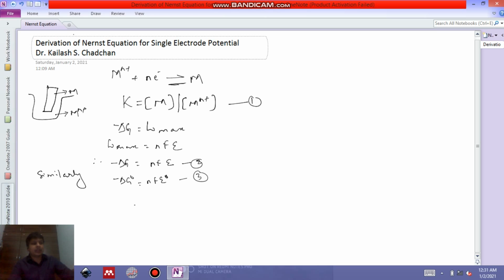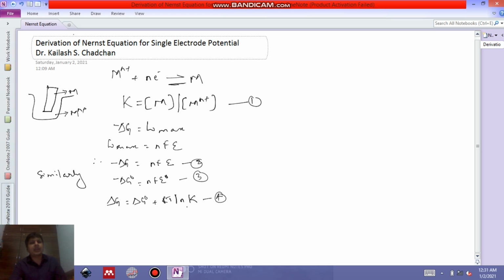Now we know that the relation between the change in free energy and the equilibrium constant is delta G equals delta G naught plus RT ln K. This is the relation between the change in free energy and the equilibrium constant. Mention this as equation number 4.